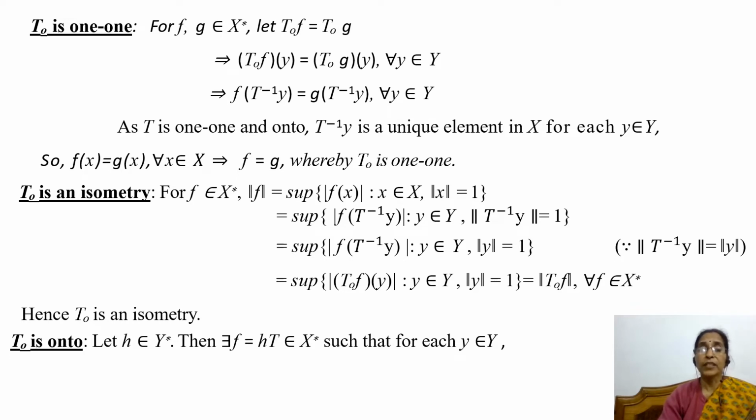Now we show that T naught is onto also. So let h belong to Y star. Then there exists f equal to hT in X star.